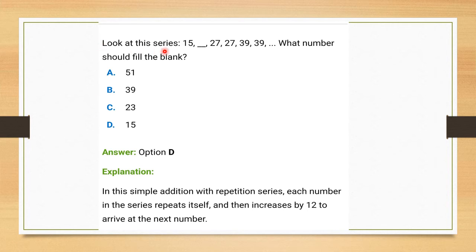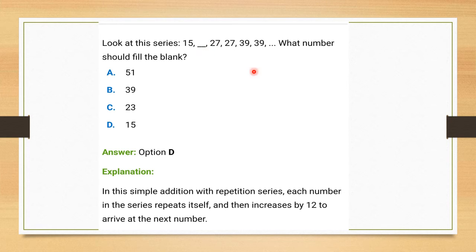Next we have the series 15, dash, 27, 27, 39, 39. We can see that we have to fill in the blanks in between. It's a simple repetition series in which every alternative number is repeating itself, like 27, 27, 39, 39. So the answer would be 15, then 15.